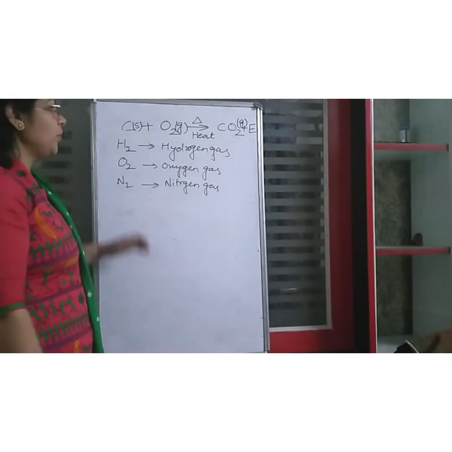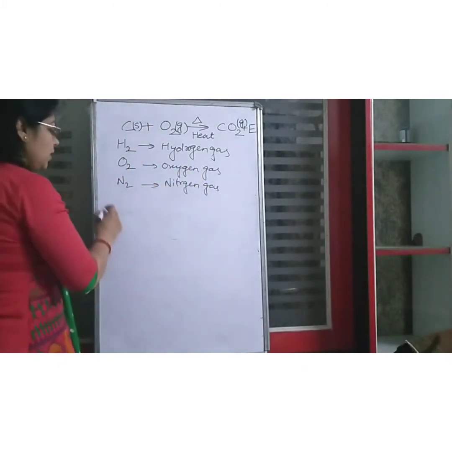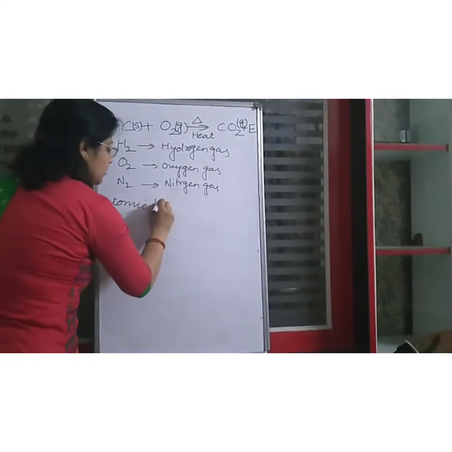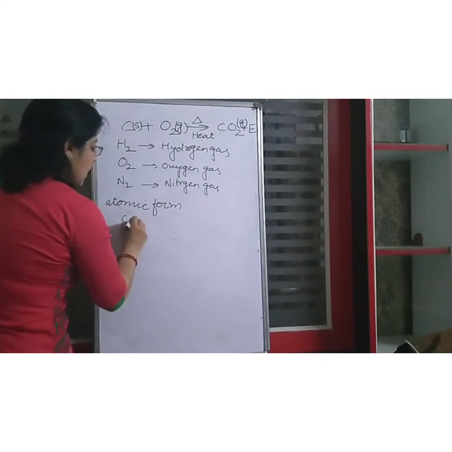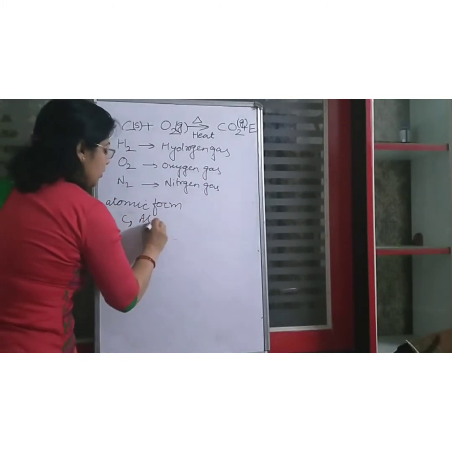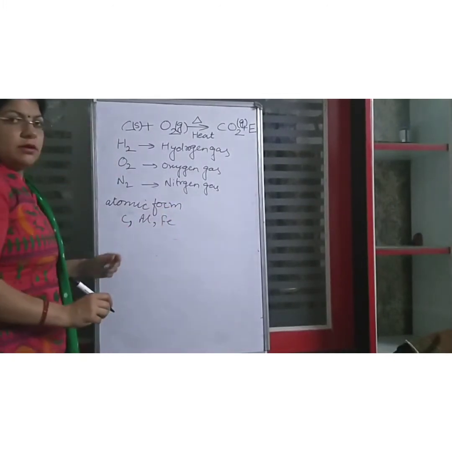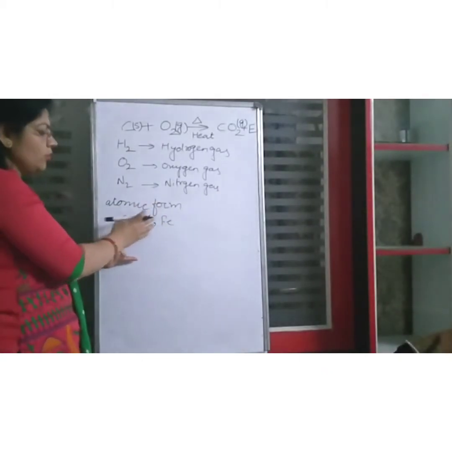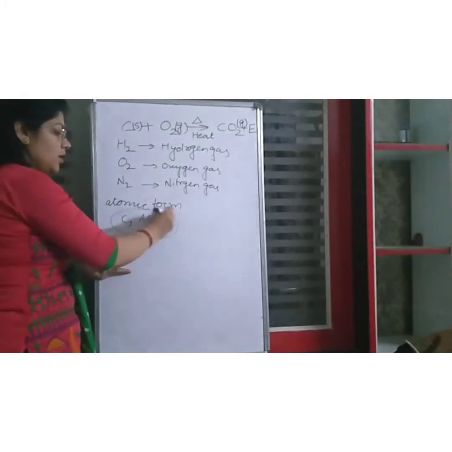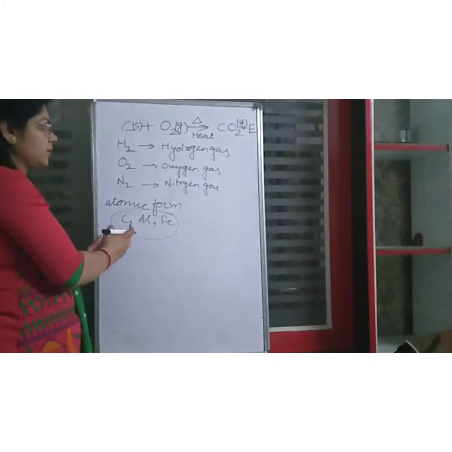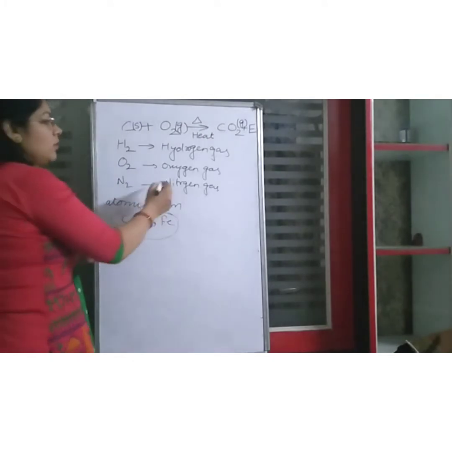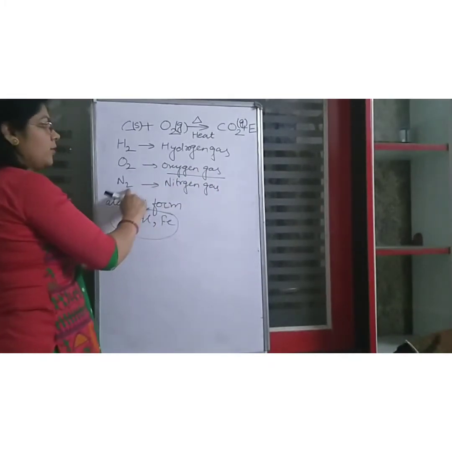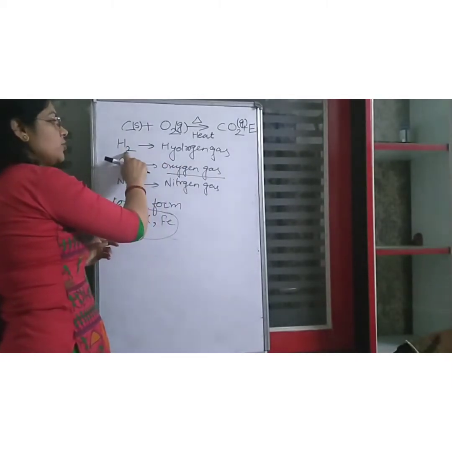Mostly the atoms of the periodic table exist in the atomic form. For example, carbon, aluminium, iron. The atomic form of the iron is the molecular form of the atoms. This is the molecular state. If we take oxygen gas, then we use O2, nitrogen gas, N2, hydrogen gas, H2.